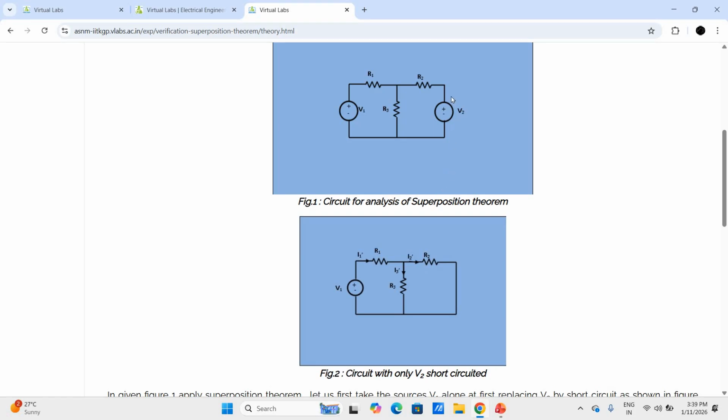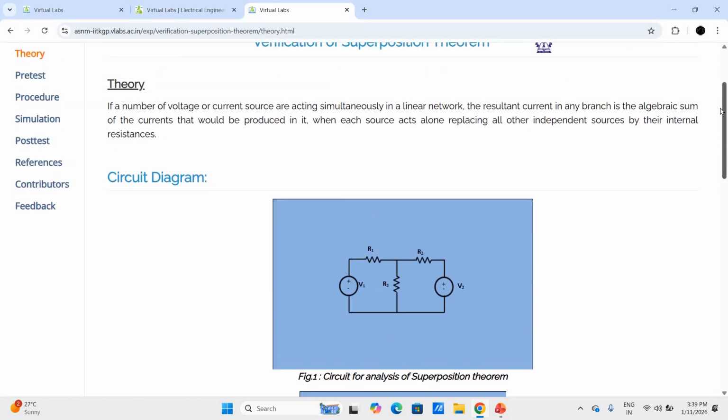Then in step 2, we'll consider only the V2 source. V1 will be short circuited, and we'll find the current through R1, R2 and R3. Then the algebraic sum of each current flowing through each resistance because of each source will be equal to the equivalent current flowing through those resistances.